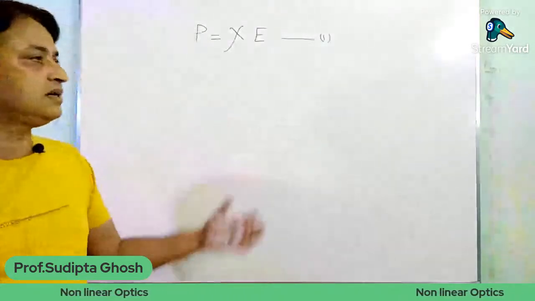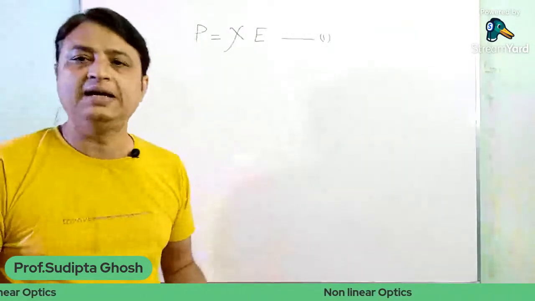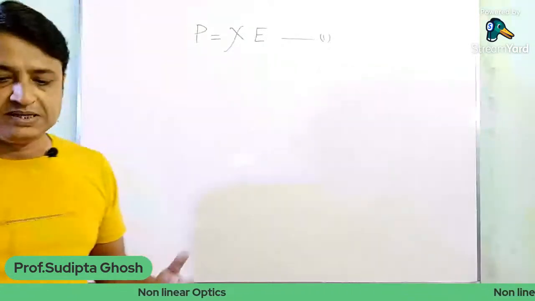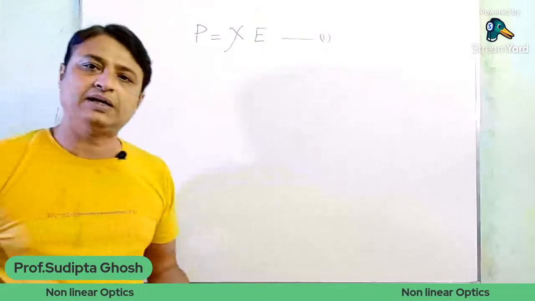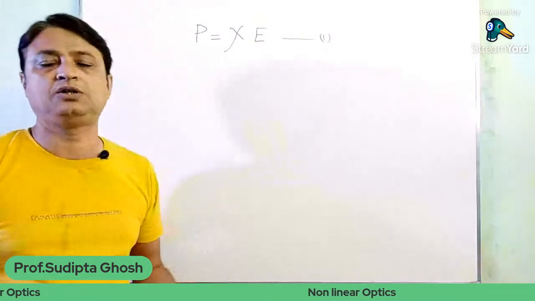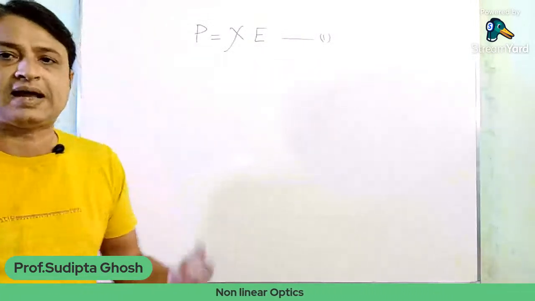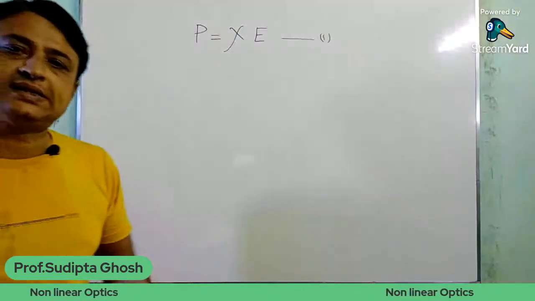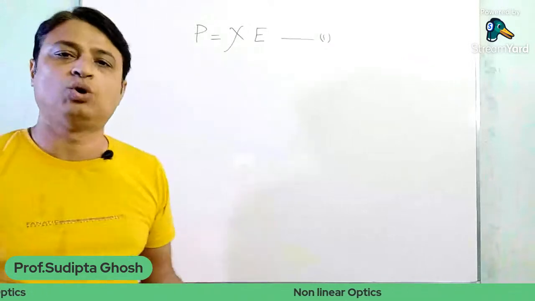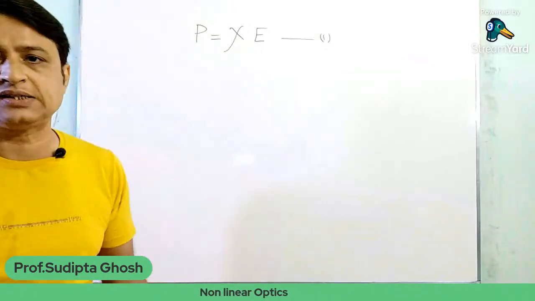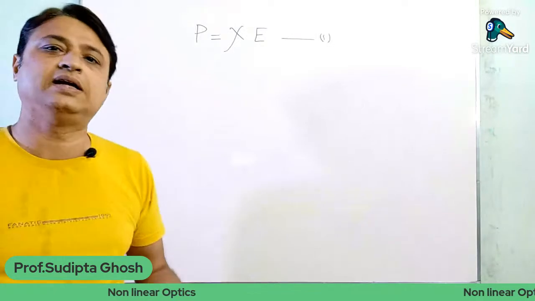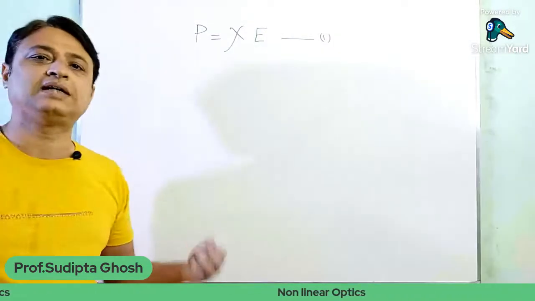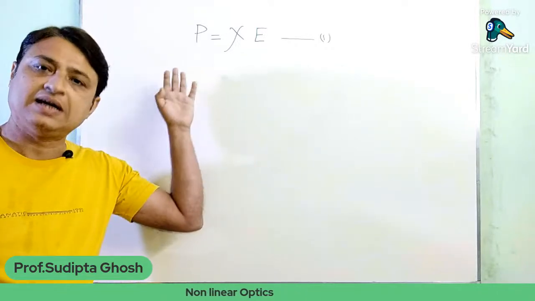Equation number 1 is valid: the polarization of a material or medium is directly proportional to the electric field, where chi is the dielectric susceptibility, and as we know, the refractive index of a material is also a function of the dielectric susceptibility chi.